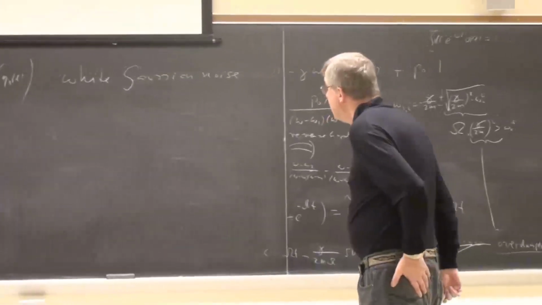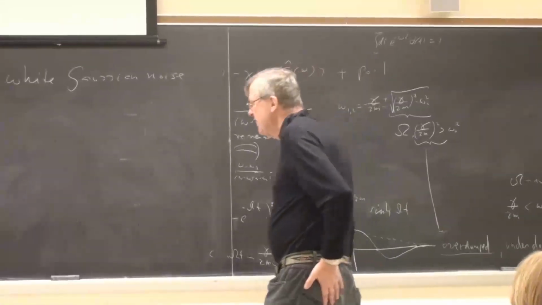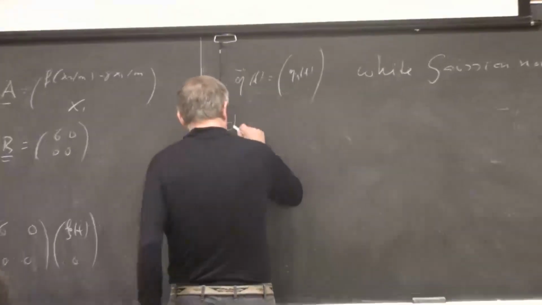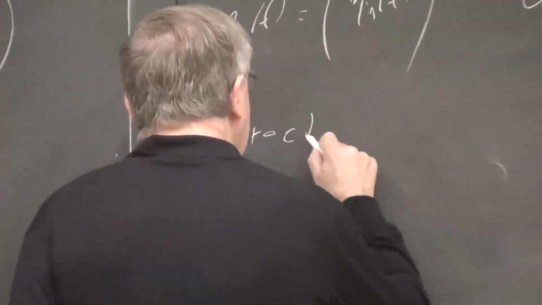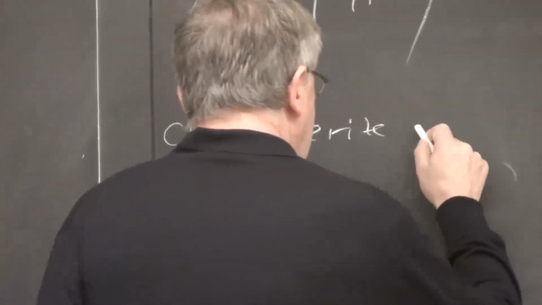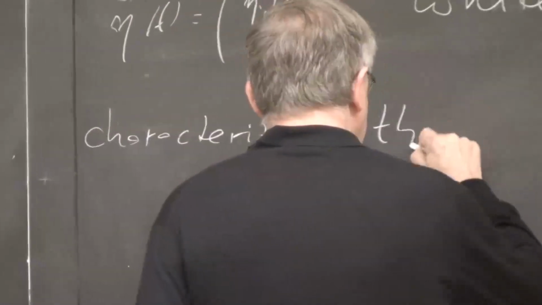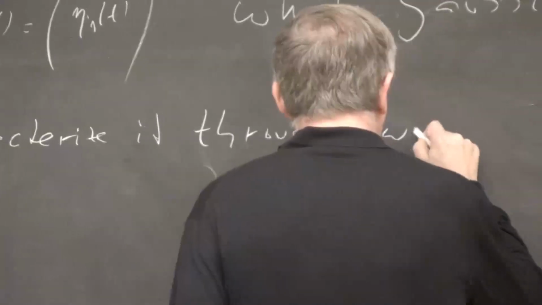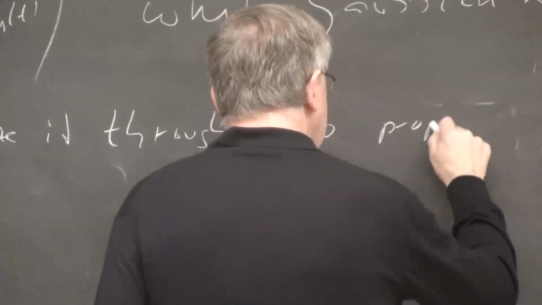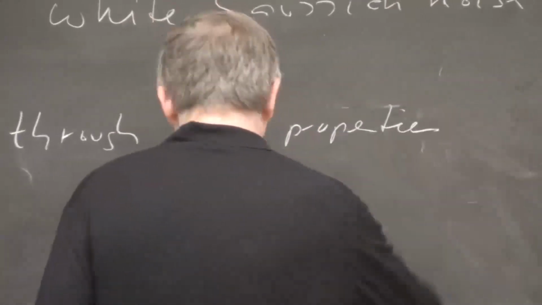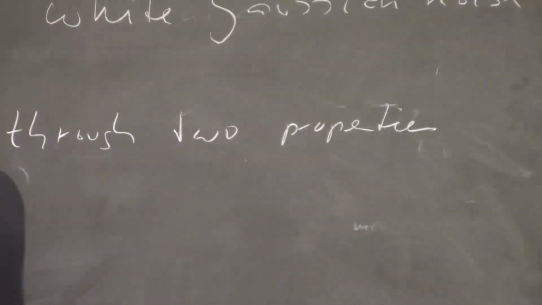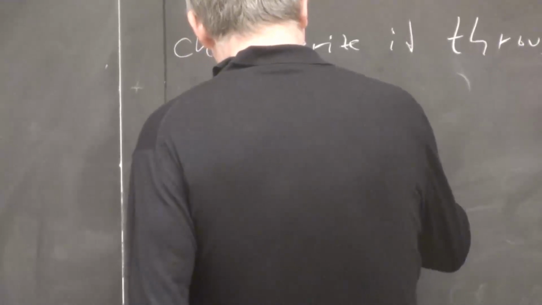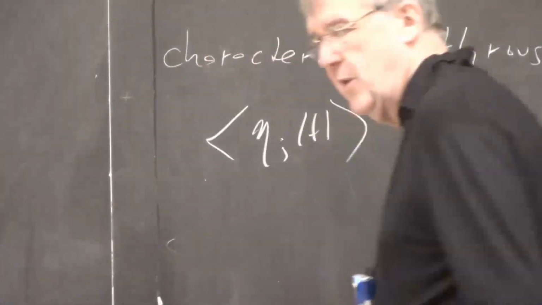And if you have Gaussian white noise, then it turns out that we can characterize it through two properties. The first property is the average value of the noise.